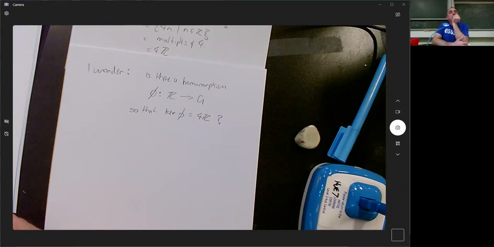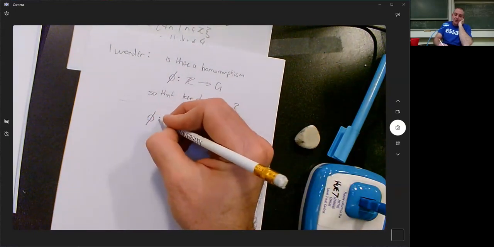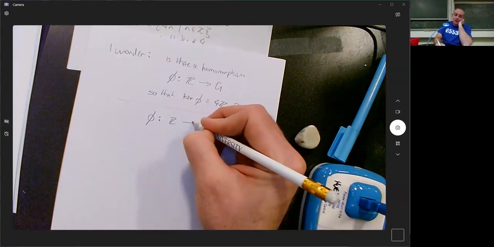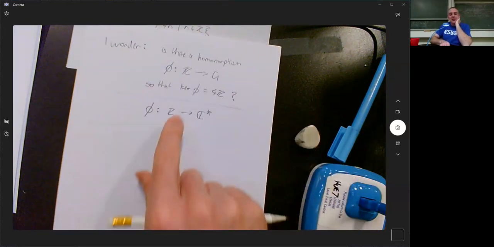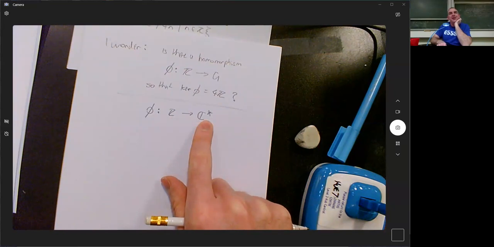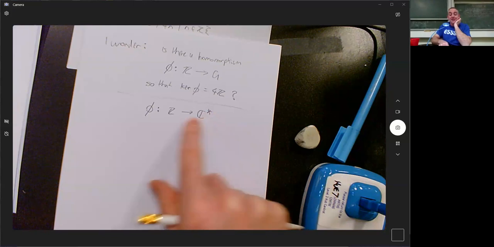Ah. That was one of the assignment questions. Wait, I've got something. Z under plus to the complex numbers without zero under multiplication, that's definitely a group.